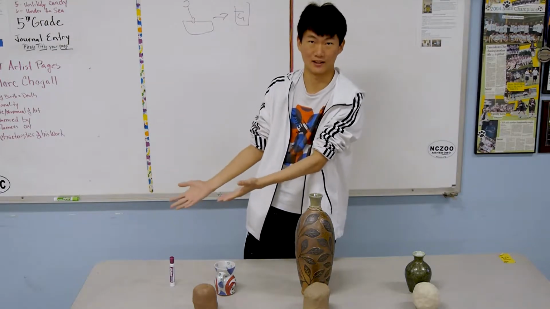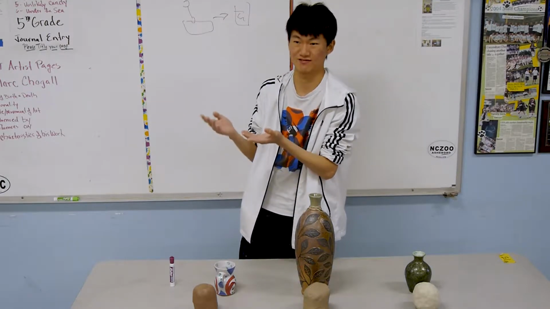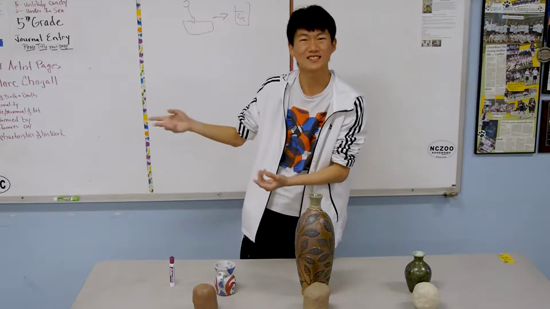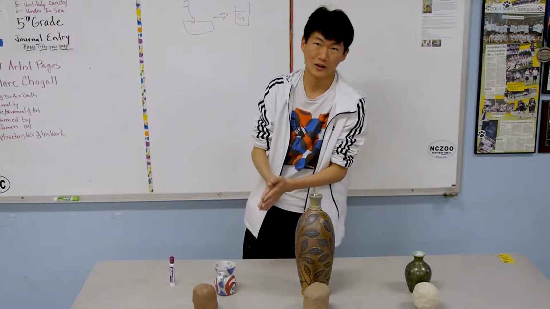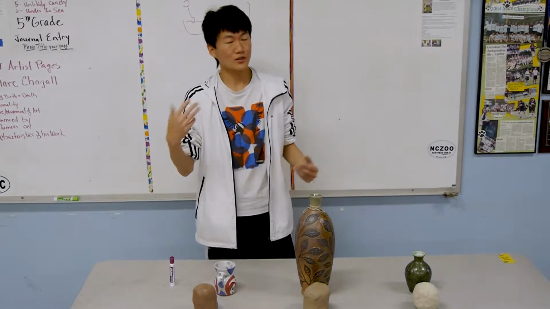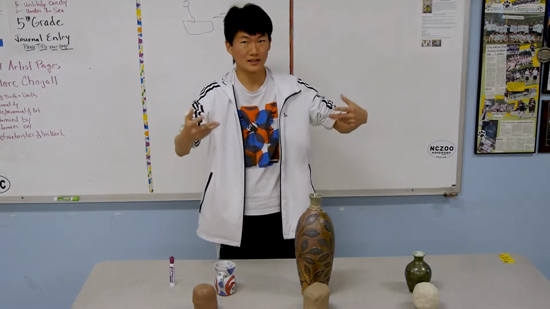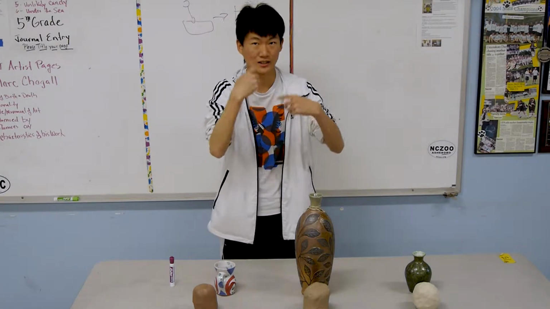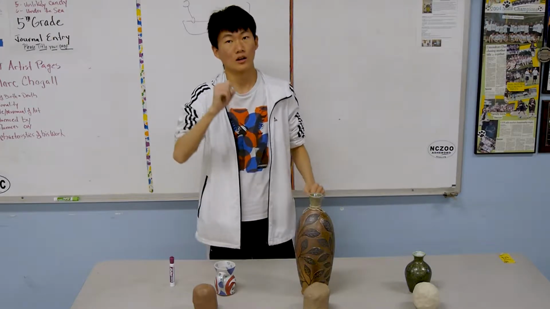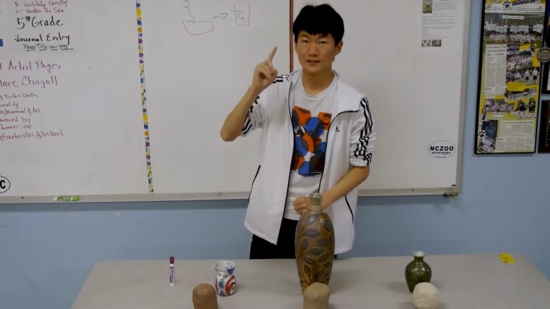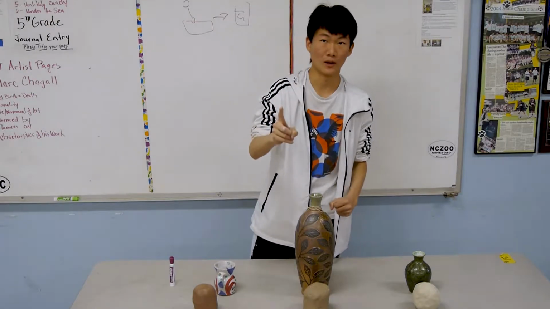You just literally play with mud like you're in middle school, like a 3 to 6 year old kid playing with mud, right? So the three main ways of making something, actually doing ceramics, are coil pots, slab pots, and thrown pots.